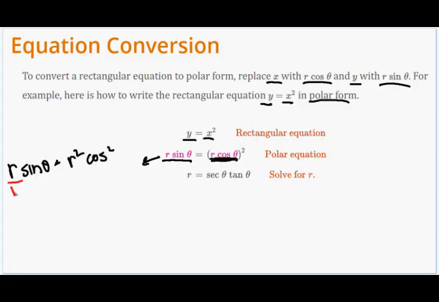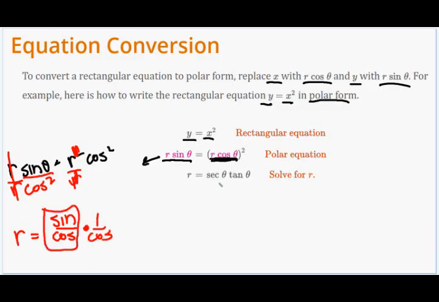So if we divide both sides by r, these will cancel, and this will be down to r to the first power. So now we're going to divide both sides by cos squared. So our r value is going to be sine over cos squared, or sine over cos times 1 over cos. This sine over cos turns into tan. 1 over cos turns into secant.